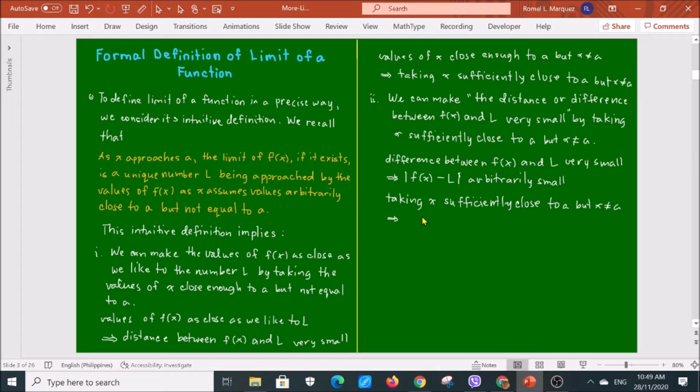But for taking x sufficiently close to a but not equal to a, we can't have the difference be zero. Okay? So the absolute value of x minus a is sufficiently small. Again, taking x sufficiently close means the positive difference x minus a is sufficiently small.